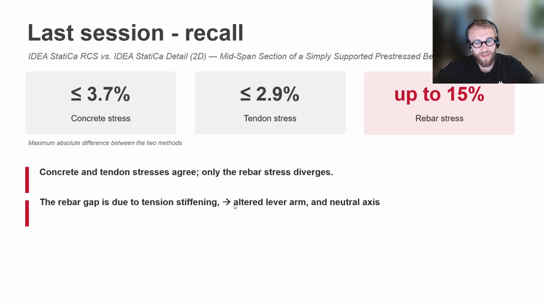This leads to a different lever arm, a different neutral axis, and also different stresses in the reinforcement rebars. That was the reason why we reached the 15% discrepancy between those two solutions.